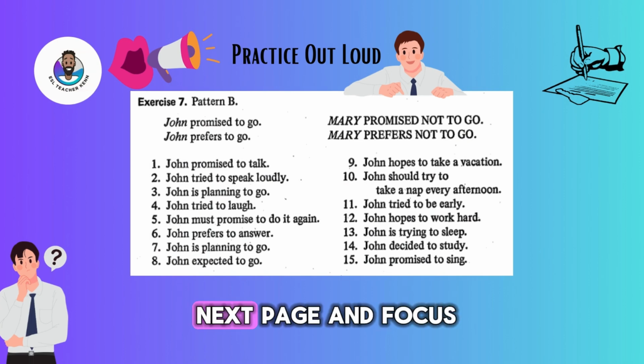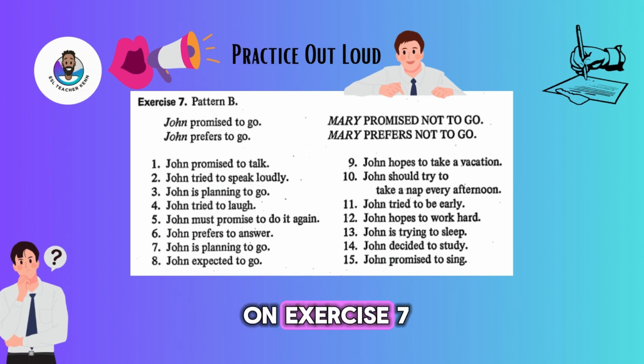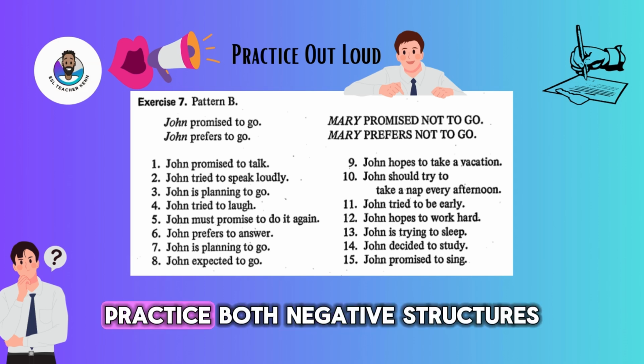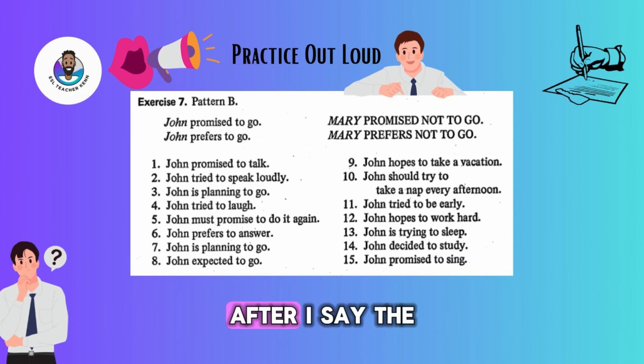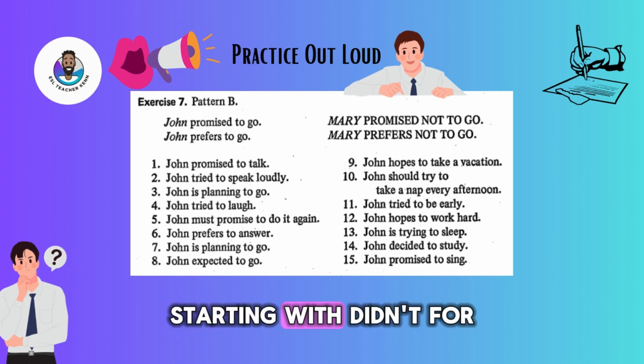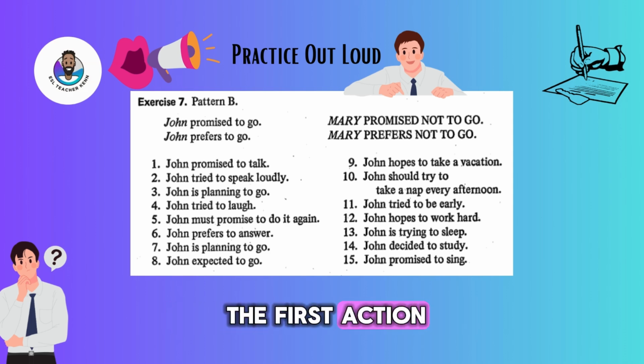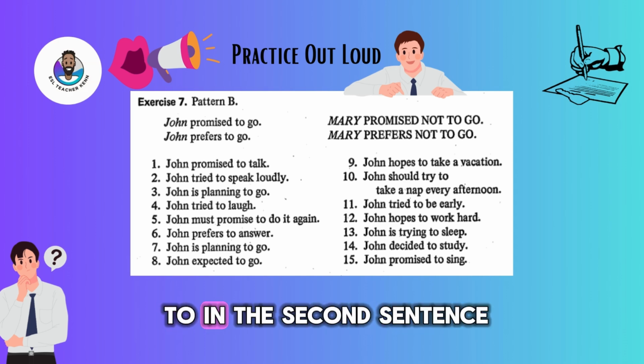Let's go to the next page and focus on exercise 7. We're going to do a small variation so we can practice both negative structures. After I say the affirmative sentence, I'll give you a moment to say both negative forms, starting with didn't for the first action, and then using not to in the second sentence for the second action.